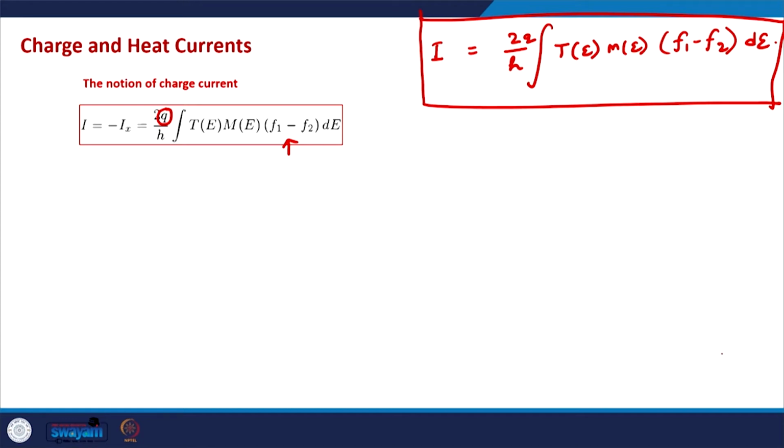But as we know, apart from the charge, electrons also carry heat in the form of their kinetic energy. So when there is a flow of electrons, apart from a charge current, there will be a heat current as well. It will be as if heat is also flowing through the material.